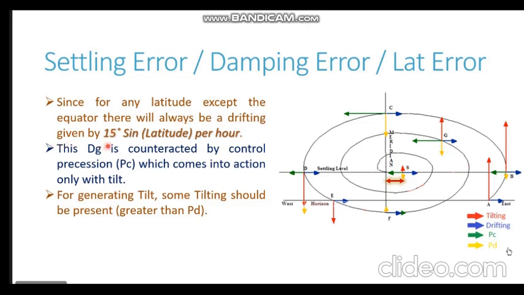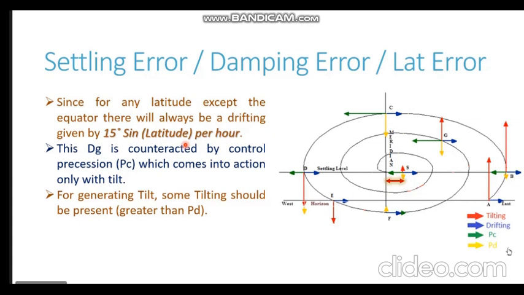It is given by 15 degrees sine of latitude per hour. You can check from the formula also that at the equator, where latitude would be 0, the value of drifting is going to be nil. There will be no drifting at the equator, but if you are on any other latitude in the north or south hemisphere, there is going to be some drifting value as per the formula.